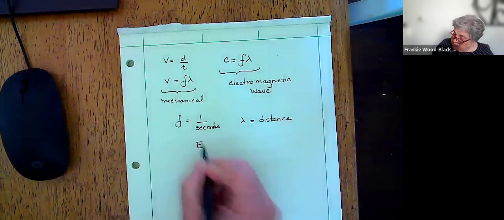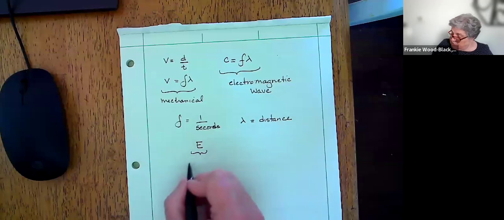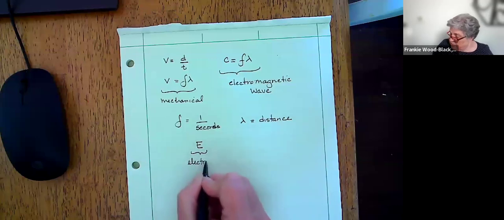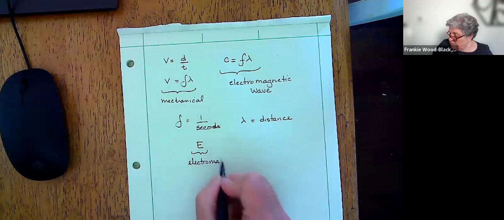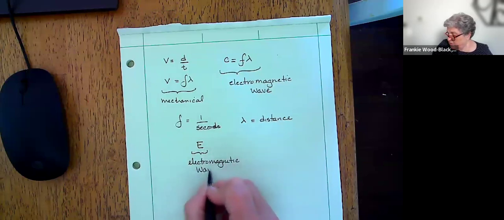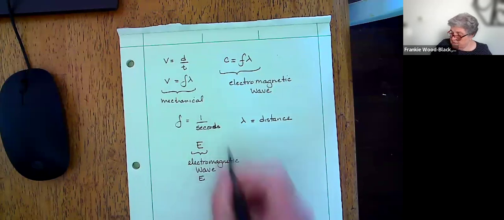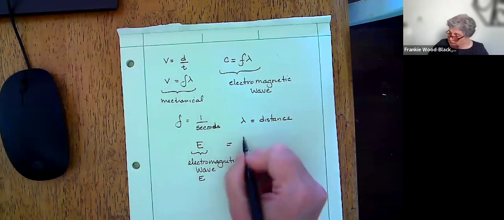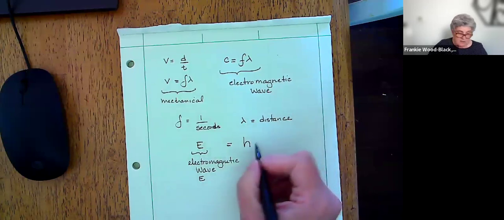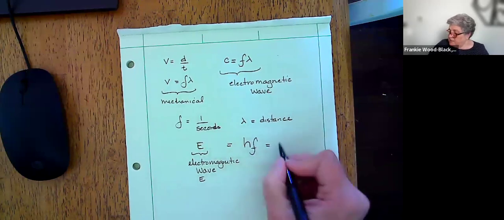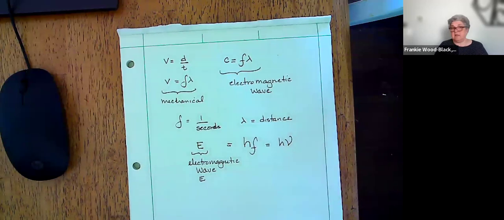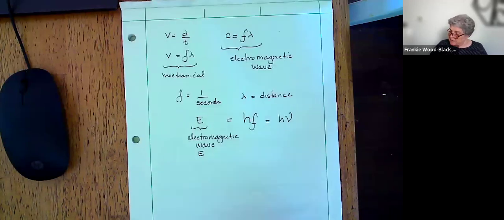And most of you have had chemistry, so we know the energy of an electromagnetic wave is going to equal Planck's constant, h, times the frequency, or you might see it as this if you're in your chemistry book.